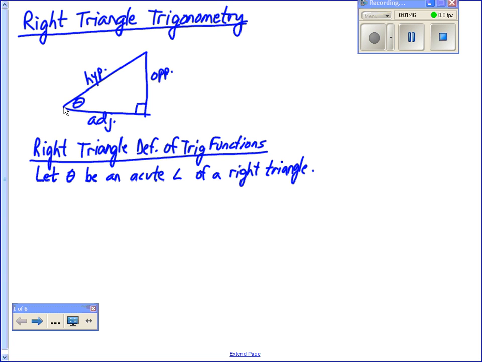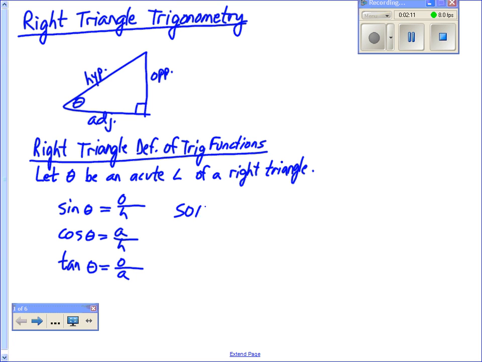So we have sine, cosine, and tangent. Now, a lot of people like to remember SOHCAHTOA, where O stands for opposite side, H for hypotenuse, A for the adjacent side, and so on.